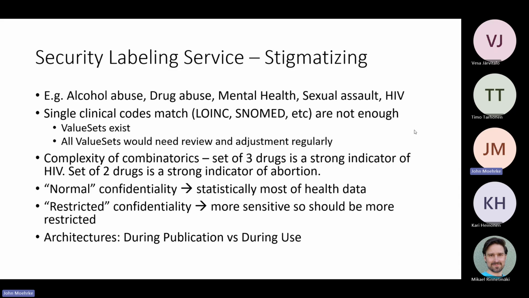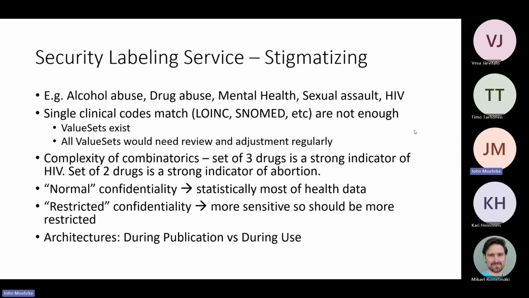Sometimes you have to deal with combinatorics. For example, I've been told there are a couple of examples where a drug by itself is not at all an indication of a stigmatizing health topic. But boy, if you have this drug and this drug together, it's clear.